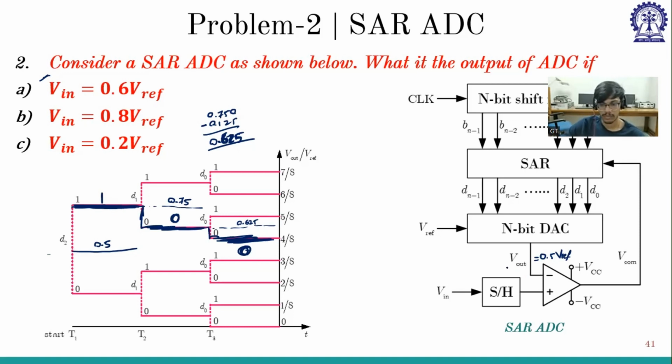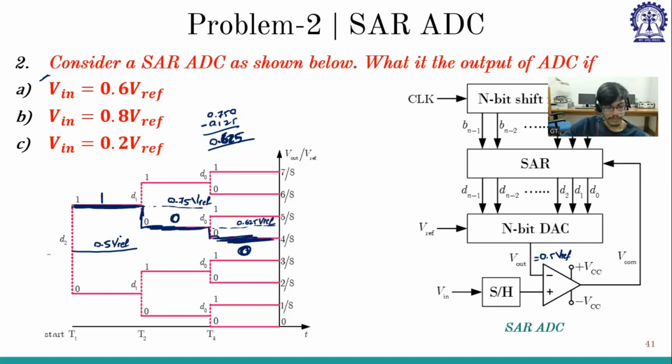V in is a fraction of V reference, and I am also considering V out to be a fraction of V reference. So this is 0.5 V reference, this is 0.75 V reference, and this is 0.625 V reference.